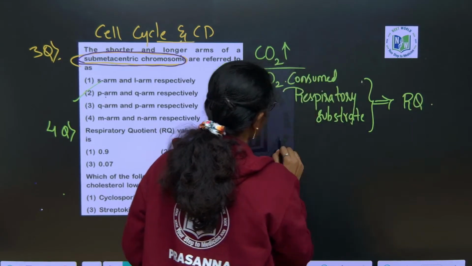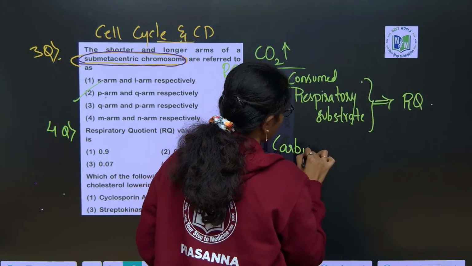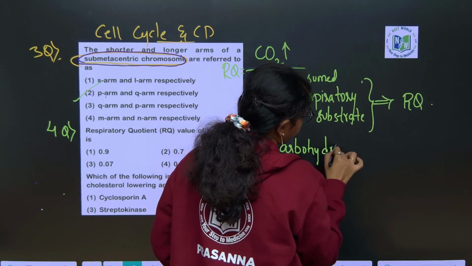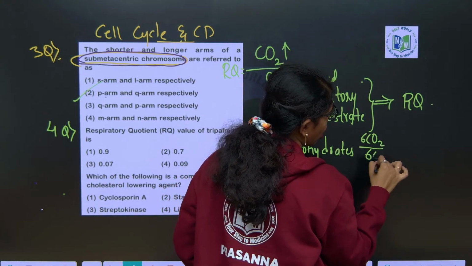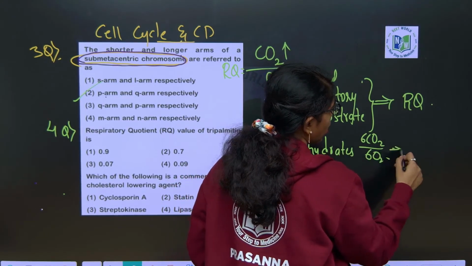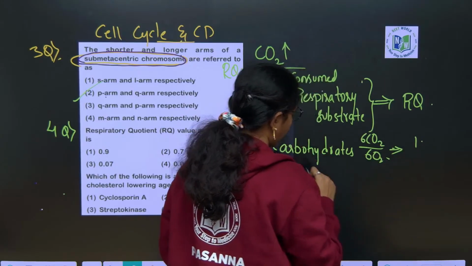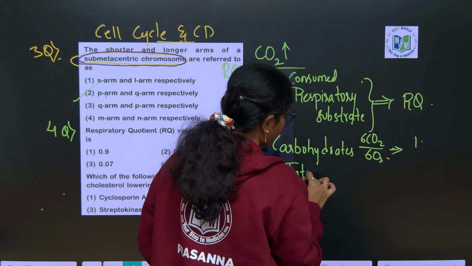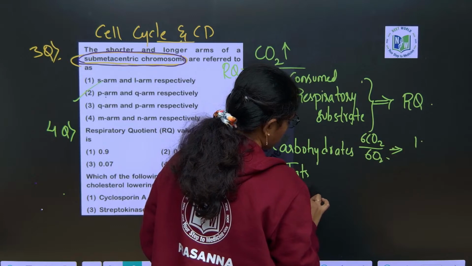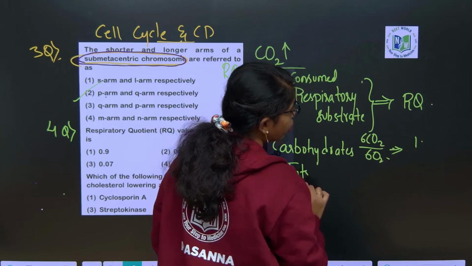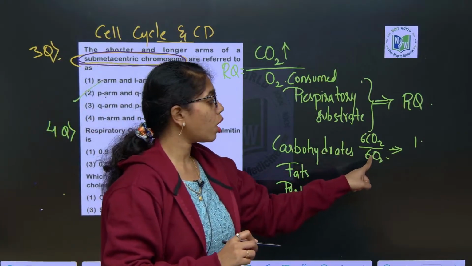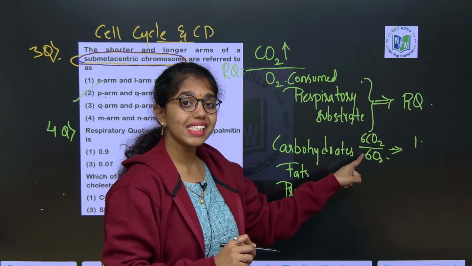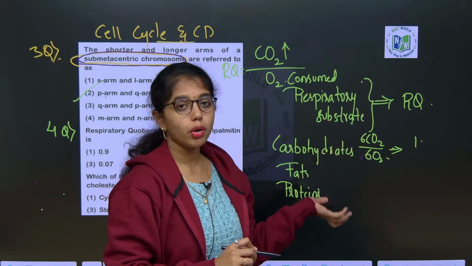If you take carbohydrates, that is glucose, 6 carbon dioxide and 6 oxygen molecules are utilized, wherein the RQ value will be 1. For fats and proteins, do remember, beta, the RQ value is less than 1, because more oxygen is utilized for the CO2 to be evolved.